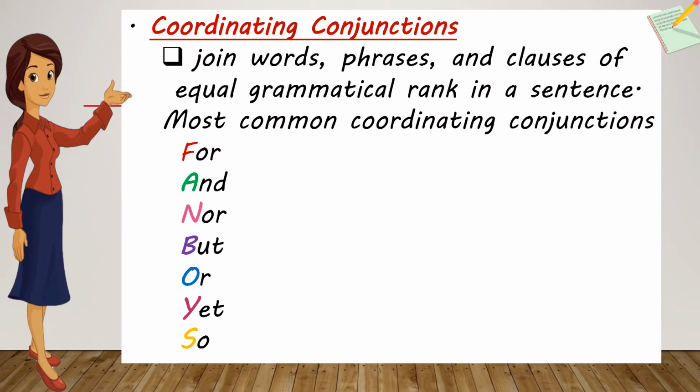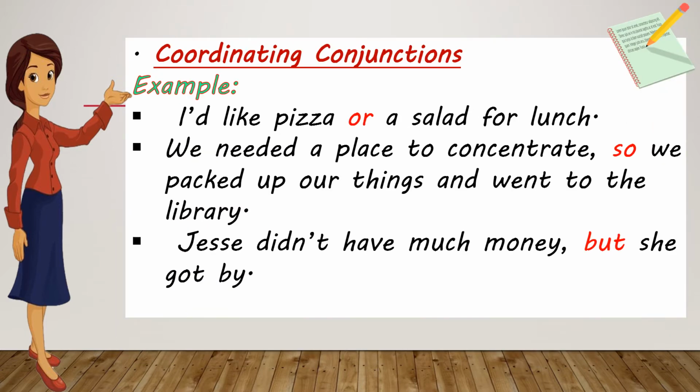Conjunctions also connect ideas and sentences. Let us have first the coordinating conjunctions. These join words, phrases, and clauses of equal grammatical rank in a sentence. The most common coordinating conjunctions we have are the FANBOYS: for, and, nor, but, or, yet, and so. Example: I like pizza or a salad for lunch.